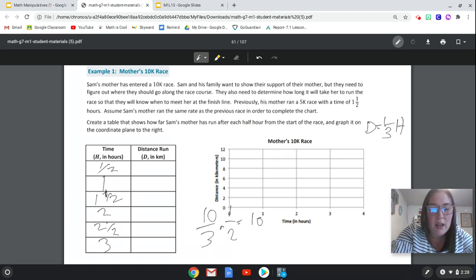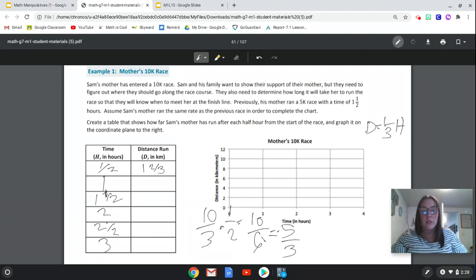That equals 10 over, 3 times 2 is 6, which is reducible. We can do it. What goes into both of those? 2. 5/3. So 5/3, that's like 1 2/3.